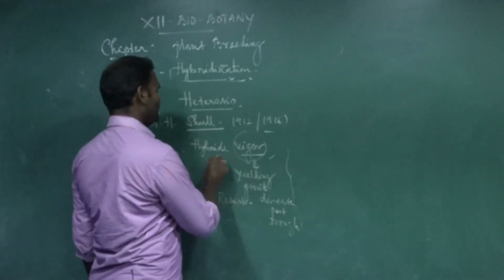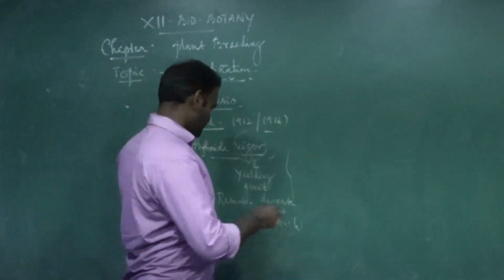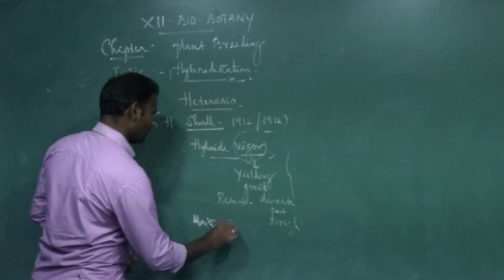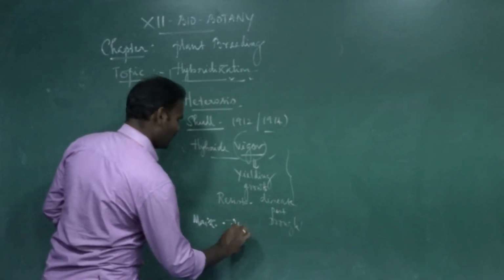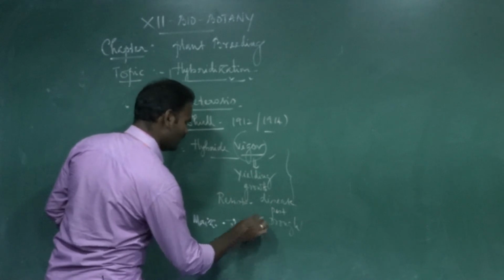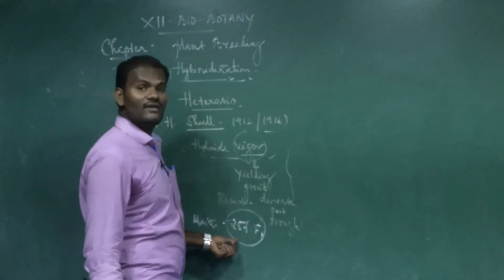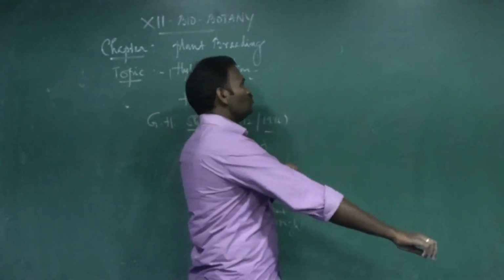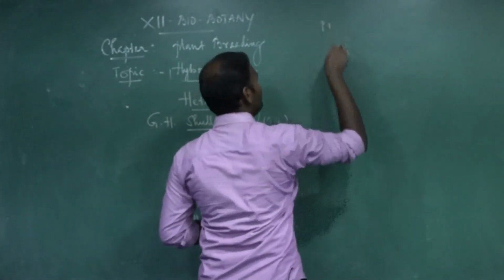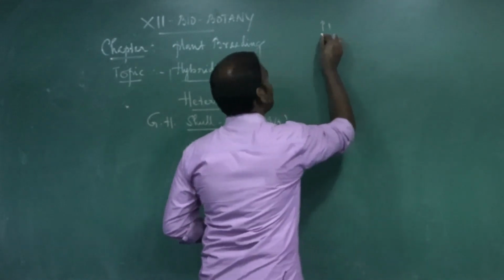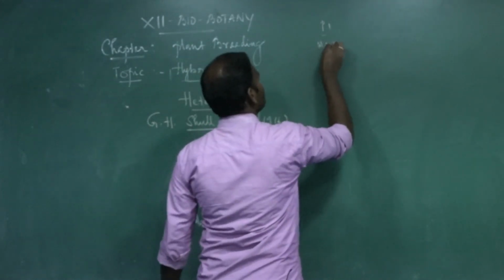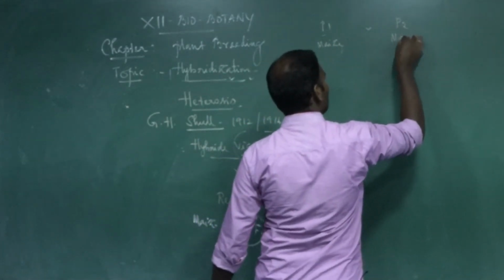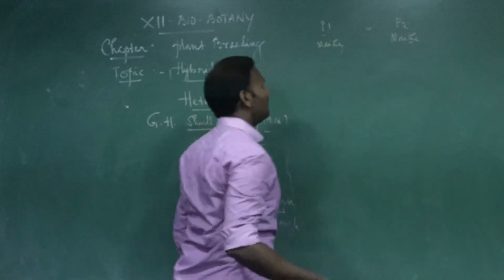Hybrid vigor is observed in maize varieties. About 25% of F1 hybrid maize varieties increase the yield when compared to that of the parents. How to obtain it? We select two parents: one maize variety crossed with parent 2. Both are maize but different varieties.